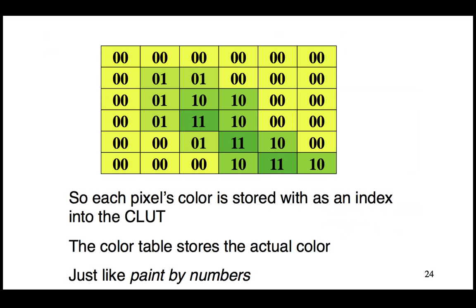So it's a bit like paint by numbers, where each pixel in the image is given a color. Might be color number 1, color number 2, color number 3, color number 4. And then you have to go and actually look up what color that would be. And so we call this indexed color. And each pixel is just stored as the index into the color lookup table.